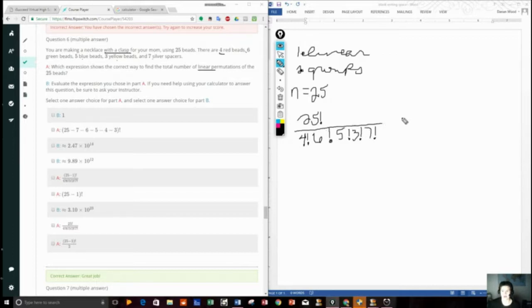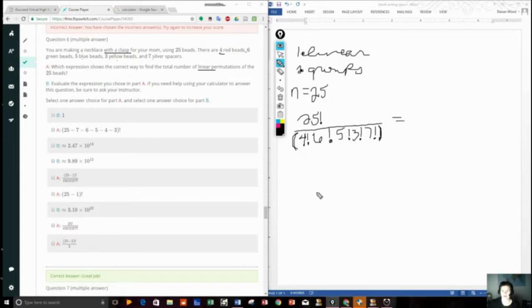Okay, so then it asks to evaluate. Well, I'm looking at this and there's more than one number in the denominator. So we have 4 factorial and 6 factorial and 5 factorial. So I'm going to include parentheses around the entire denominator.